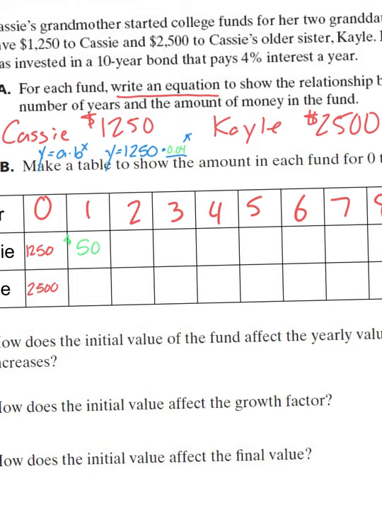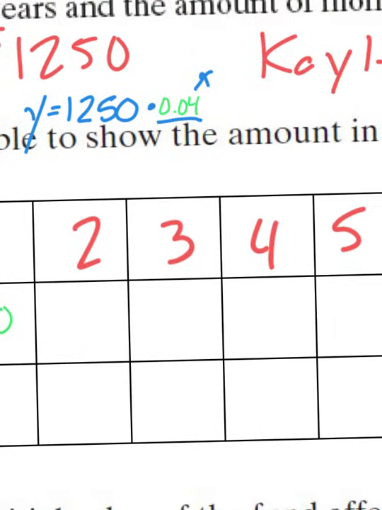So what we have to do is change our growth factor not to 0.04, but to 1.04. And that is because at the end of a year, she's going to have 104%. 104% is the same thing as 1.04.